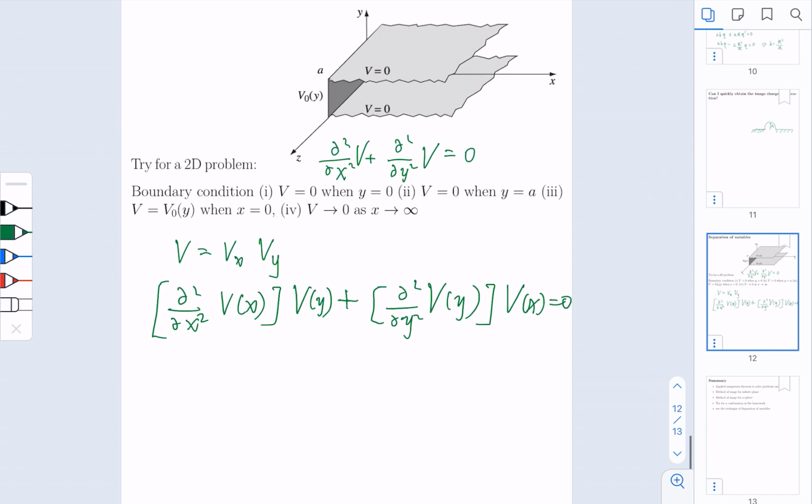Now let's move this v of y to the term over here, and then we can separate out the v of x and the v of y.